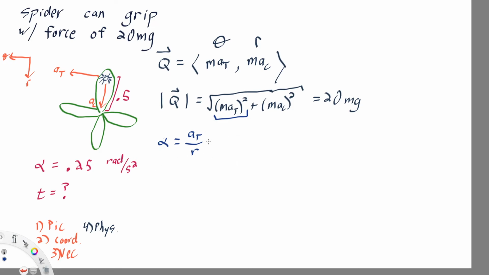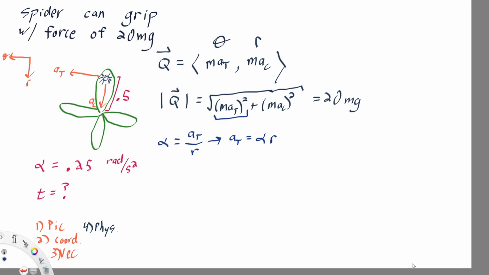So we can actually replace AT with alpha times r. Alpha and r are both things we know, so that's awesome. That fixes our first term under the radical.